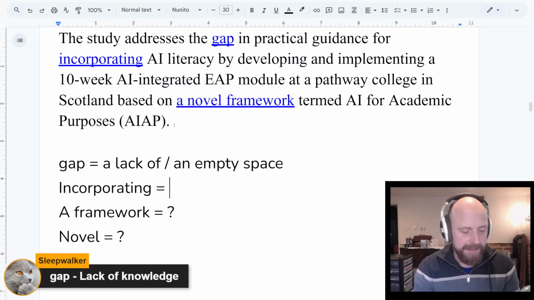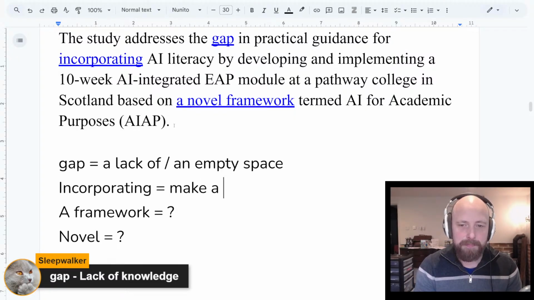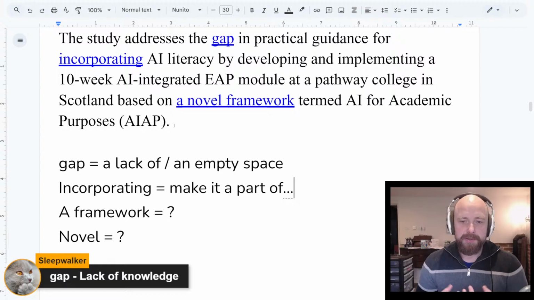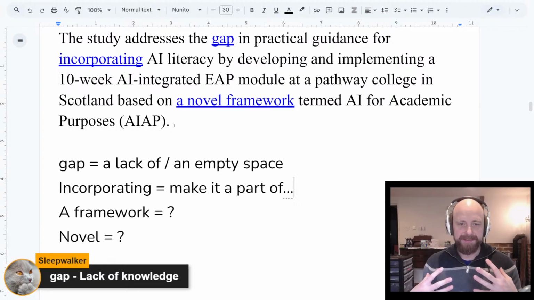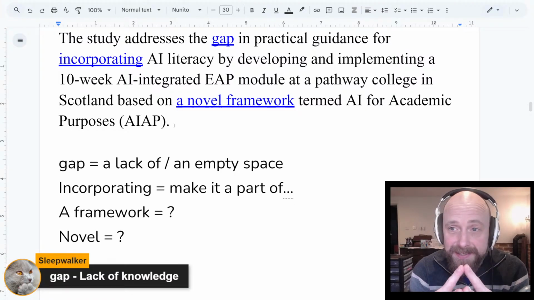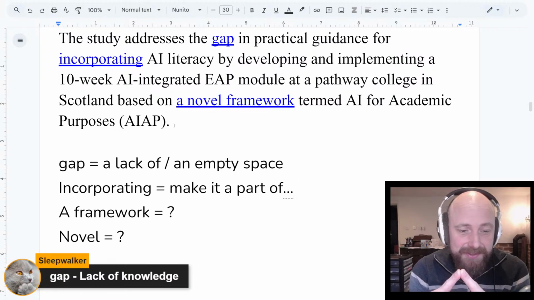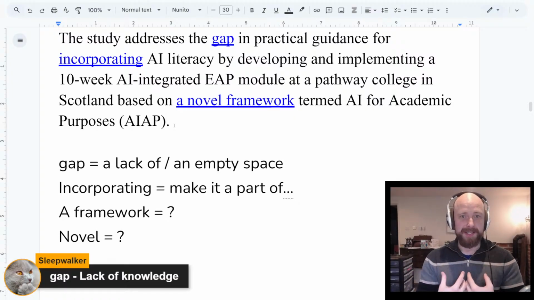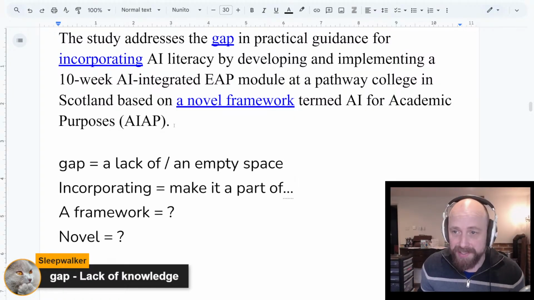So incorporating means make it a part of. So when you incorporate, you're making something a part of the body, right? Corpo actually means body, right? So when we incorpo, that means put in the body, right? So what is the body here?